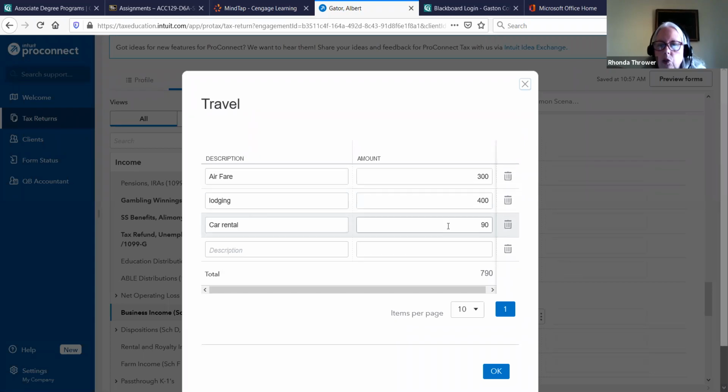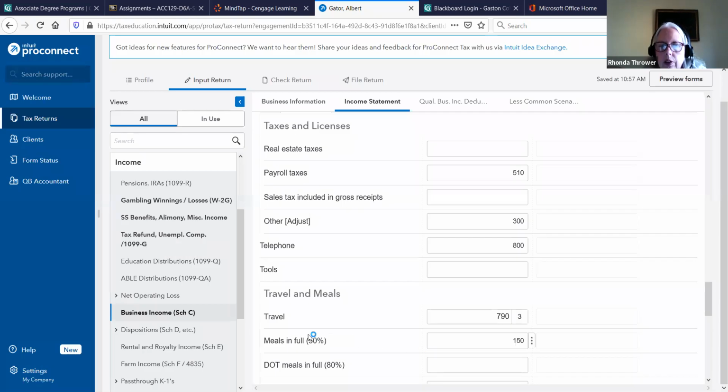So all three of these were given in the additional information, which totaled $790. Notice I'm not putting meals in here because they've got a separate place for meals on ProConnect. Right underneath travel, they've got meals.